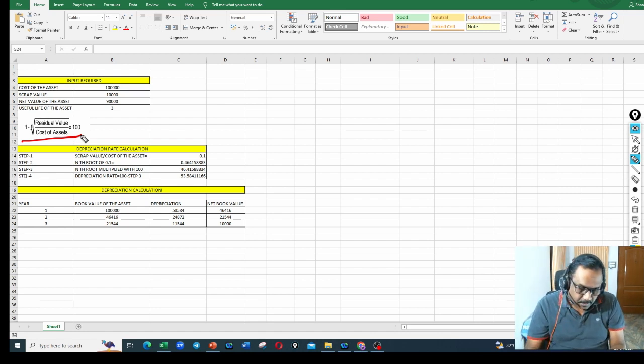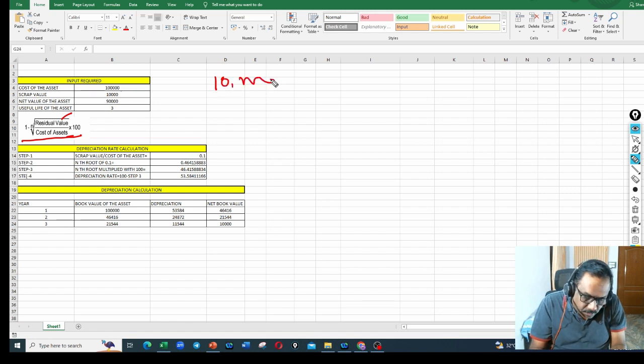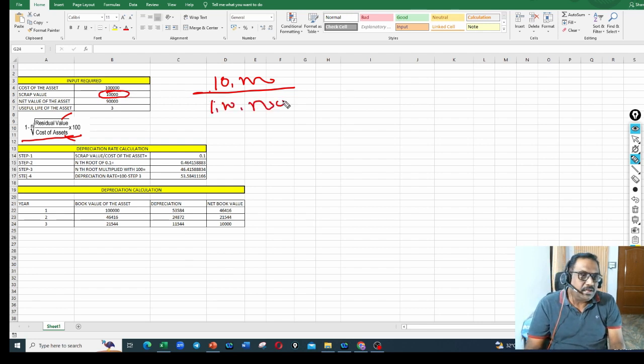Step 1. What we need to do? Residual value divided by cost of asset we need to calculate. What is the residual value? 10,000. Divided by cost of the asset, which is 1 lakh. First, calculate this: 10,000 divided by 1 lakh.